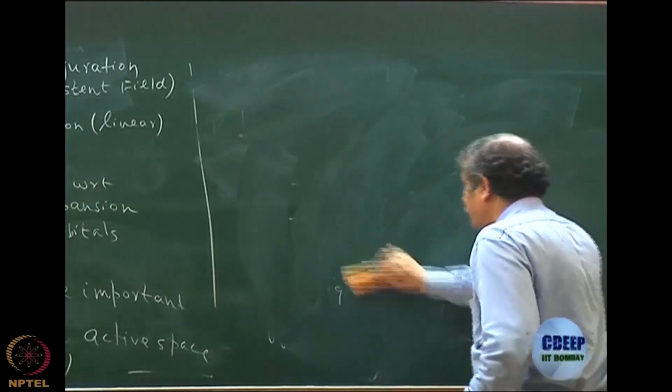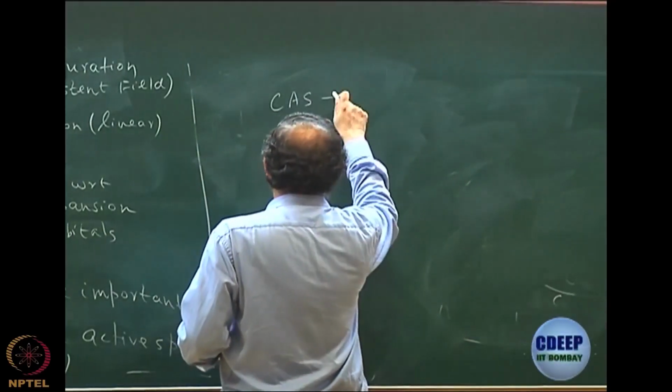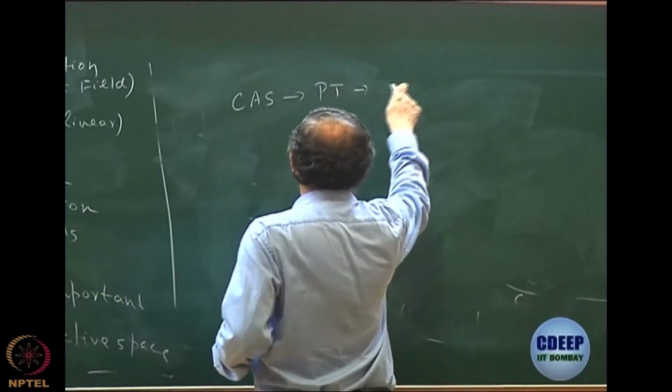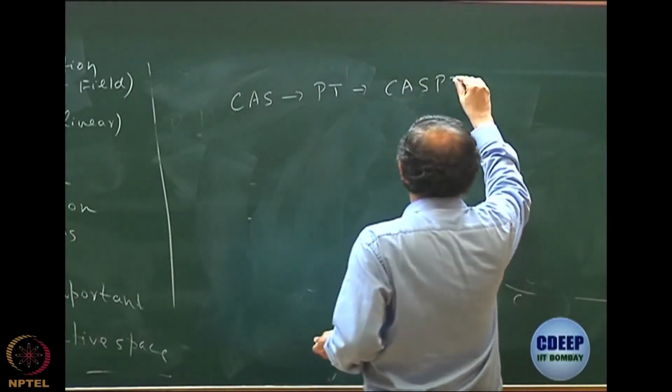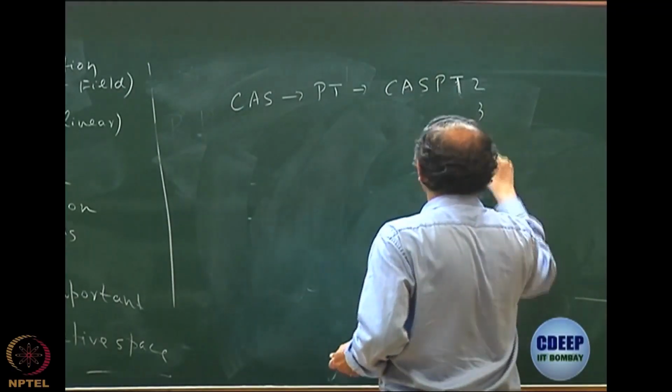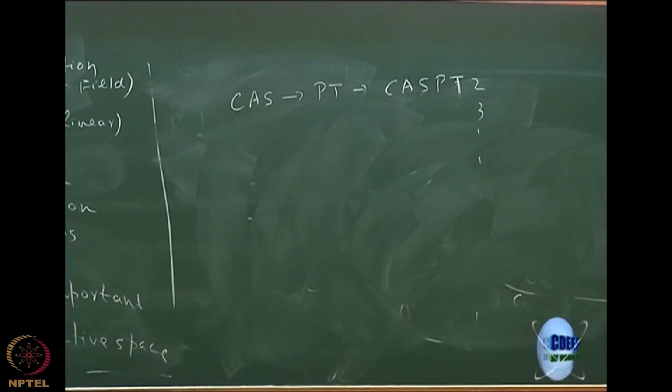In fact, many of you will see this. So you have a CAS and then do a perturbation theory. So you get CAS PT. So you can have CAS PT2, PT3, etc., depending on which order you do. Usually CAS PT2 itself is extremely time demanding, and people do CAS PT2.